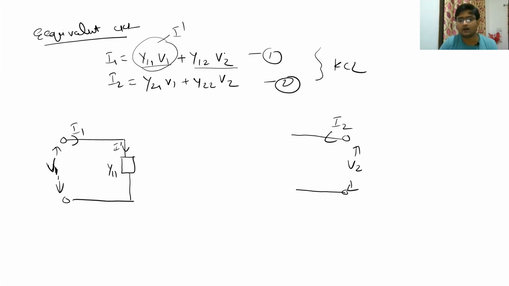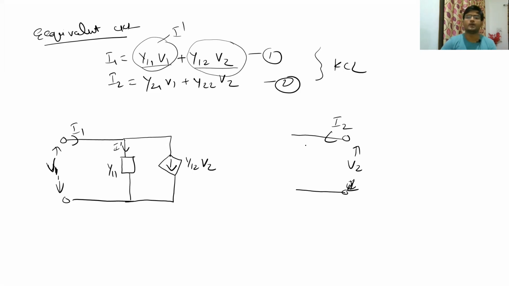And now there is this current which is basically depending on the output voltage. So we cannot directly draw this as an admittance. We have to take a dependent current source, right? Since both these directions are the same, this current direction will be here and its value will be Y12 V2. Clear? Now, similar to the input case, the output case will be like this.